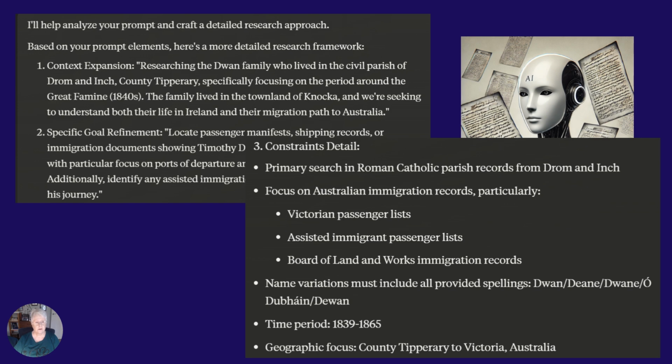Then in the second response, specific goal refinement, it suggests that I locate passenger manifests for this ancestor. And then in the constraints details, it tells me to focus on Australian and in particular Victorian passenger lists and any assisted immigration passenger lists that might be available. Once again, noting the variations of the name, the time period, and the geographic focus.